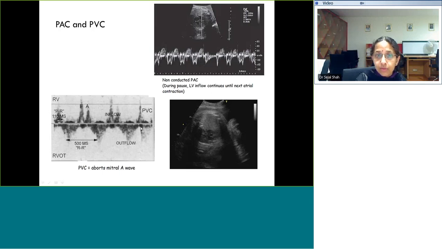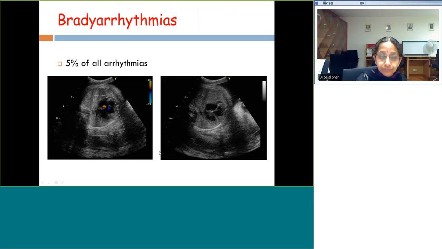So whatever we have then, the E and the A wave disappears because the premature ventricular beat has come here. The premature ventricular beat usually immediately comes after a ventricular activity, and in that situation the E wave is seen but the A wave is not seen, the atrial kick is not seen. And this is how a premature ventricular beat Doppler pattern differs from a premature atrial beat.